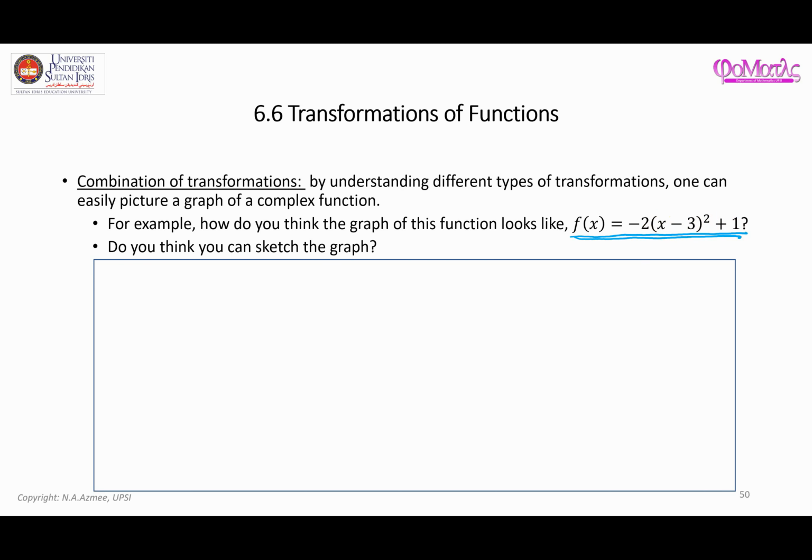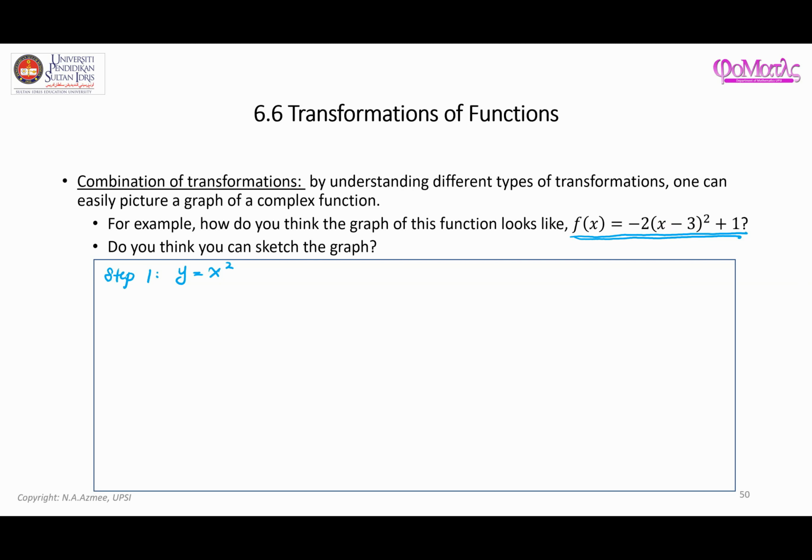Based on this, the basic function as your starting point will be y equals x squared, because here you have a square, you have some value of x over here, so the starting point will be x squared.